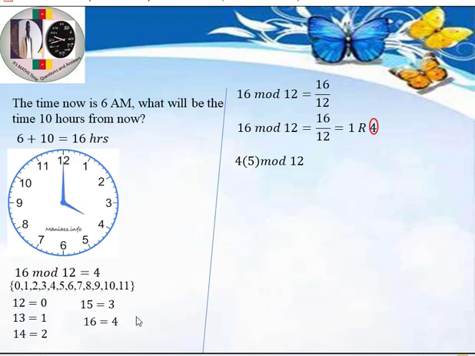We evaluate 4 times 5 to give us 20 modulo 12, which is 20 divided by 12, which is 1 remainder 8. The remainder is what we are concerned with in modulo arithmetic, so the answer in this case is 8.